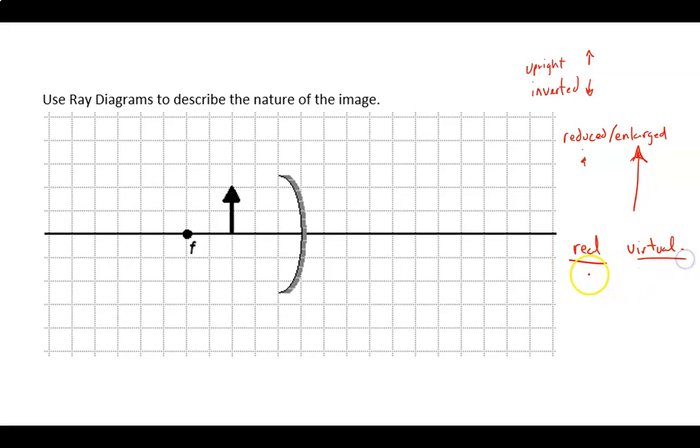Now, a real image will be where lines really meet, and it can be photographed. Virtual image is where lines seem to meet.